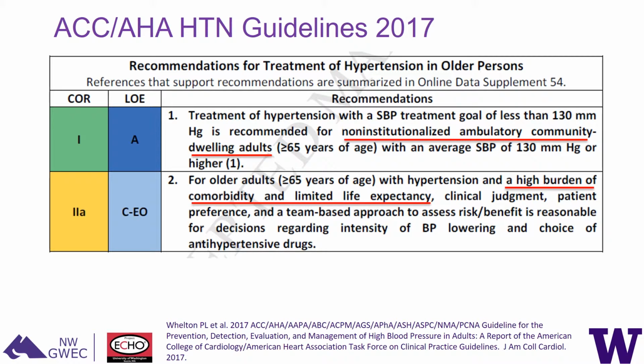And also a high burden of comorbidity and limited life expectancy. Again, they don't talk about how to prognosticate and what that limited life expectancy means, but it's based upon your clinical judgment, is that next sentence. So what do?